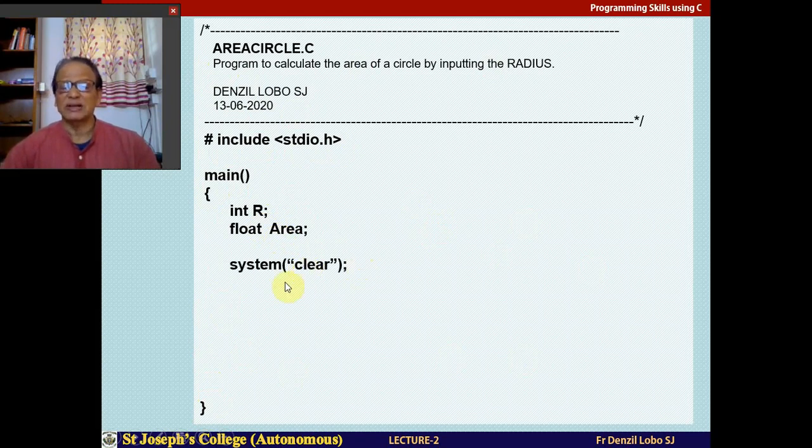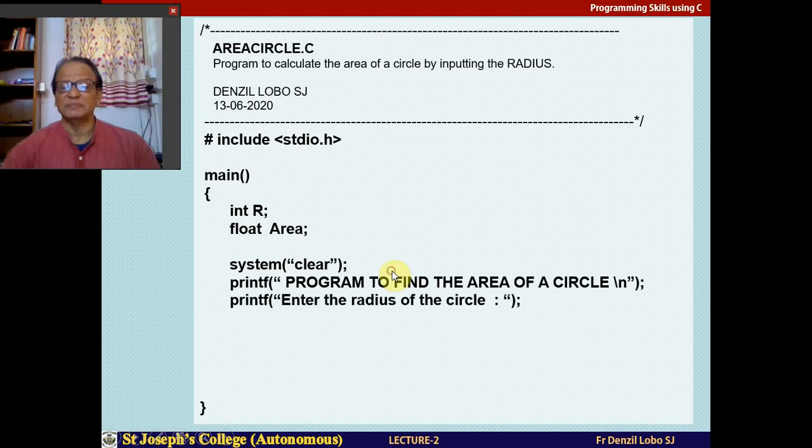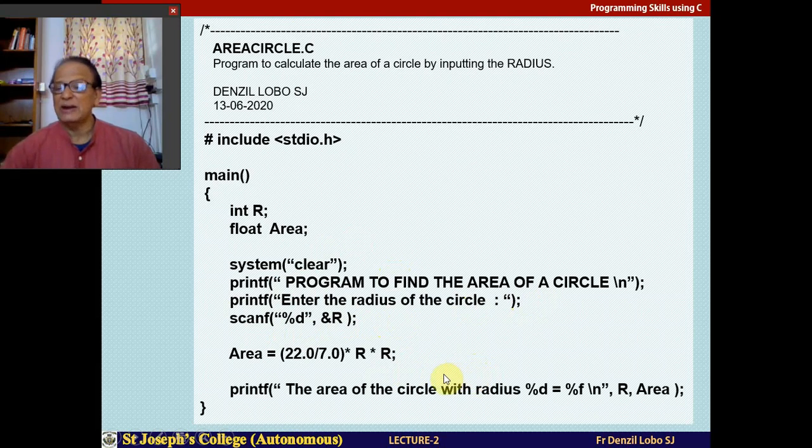You clear the screen, then you give the title of the screen and say enter the radius. scanf %d &r. You enter the radius. You calculate the area of the circle using that formula and you print the area of the circle with radius. The value of r will come here and the value of area will come there. So this becomes a better program.